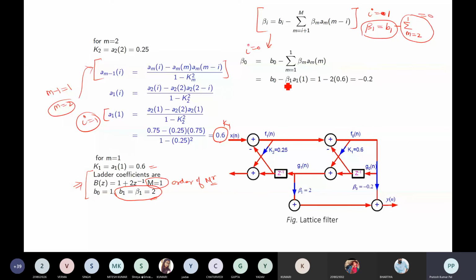So b0 minus, m is equal to 1 we will be putting, because m is running from 1 to 1, that means m equal to 1 will be there. So beta 1 into a1 of 1. Beta 1 we know is 2, and a1 of 1 we know is equal to k1, that is 0.6. So 0.6 will be put. Here beta 0 is coming out to be minus 0.2.